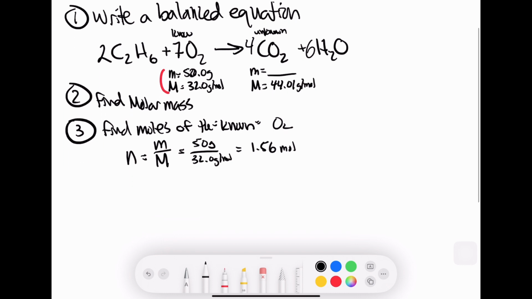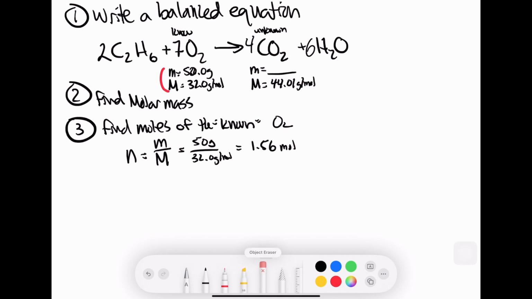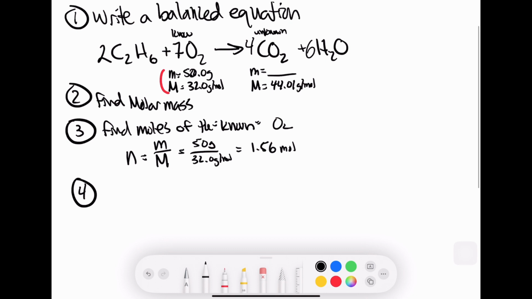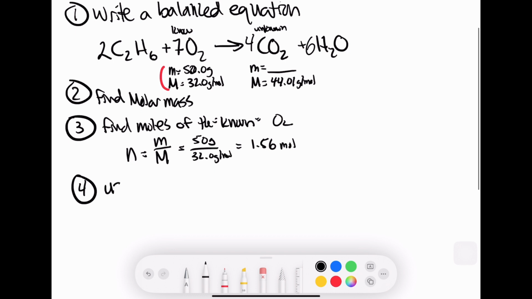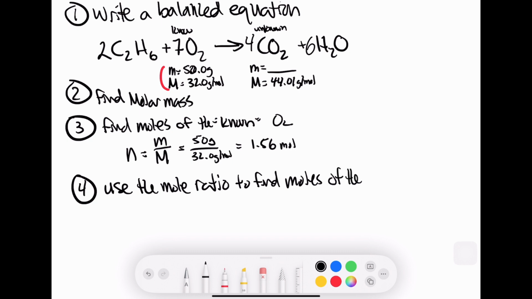Great, so we have that, and we need to move on to step number 4, and this is the crucial step. This is the thing that allows us to figure things out from different chemicals in a chemical equation. This is to use the mole ratio to find moles of the unknown.